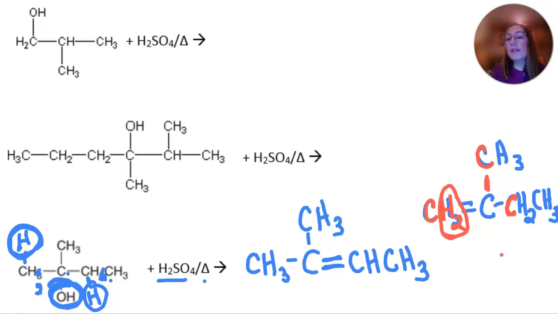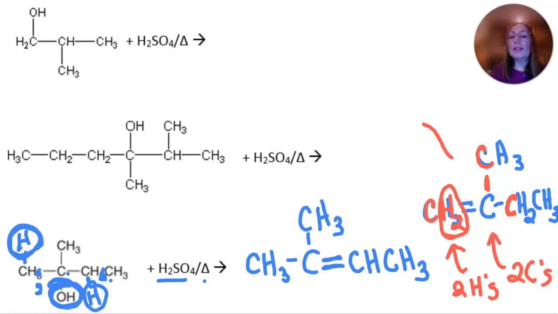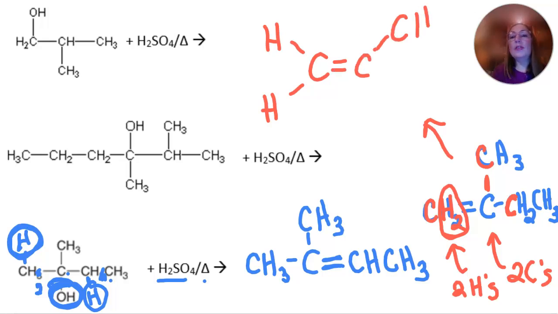So here I'm bonded to two C's, and I'm bonded to two H's on the other side of the double bond. And in my first molecule, if I wanted to, I could redraw that as well. I could show I'm bonded to two H's on one side of the double bond, and on the other side I'm bonded to a CH3, and I'm bonded to a CH2, CH3.